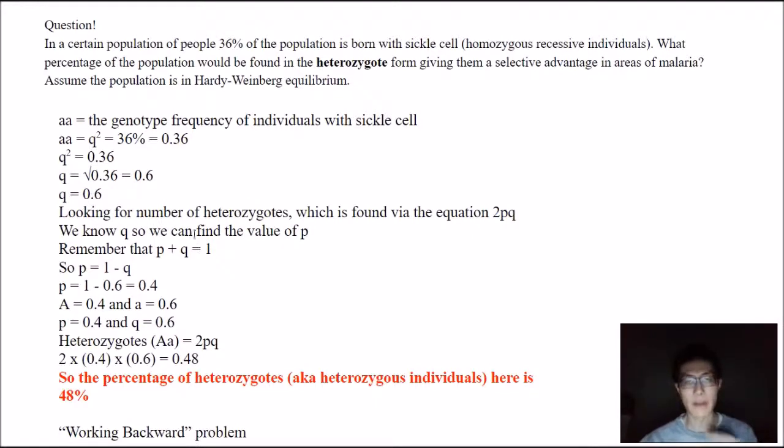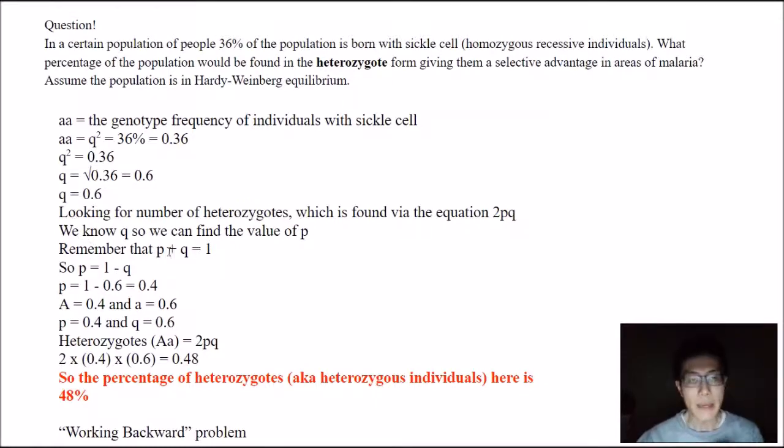Now looking for the number of heterozygotes here, which is found via the equation 2pq. Remember, 2pq is finding the frequency of the number of heterozygotes in the population. We know what the q value is, so we can find the p value because, again, we know our population is in Hardy-Weinberg equilibrium, so we can use those equations.